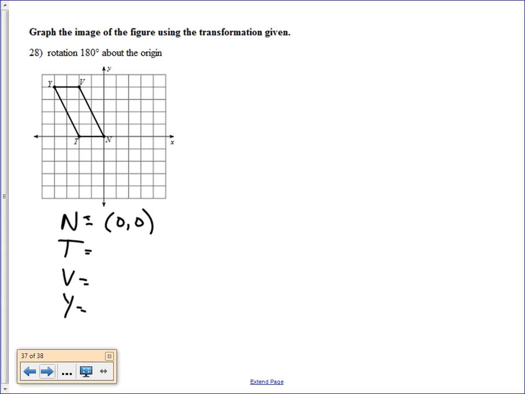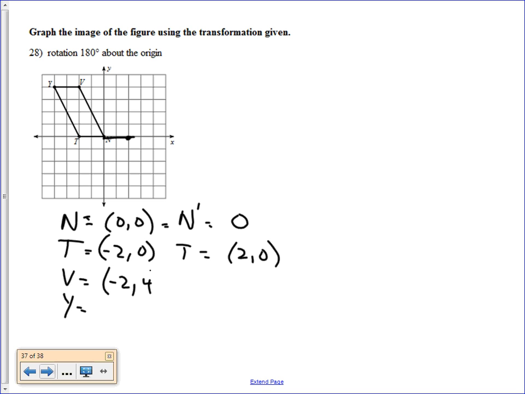Now, 180 degrees, does it matter? Does it matter when it says 180 degrees? Because it's going to be the opposite of what it is regardless. So N prime isn't going to move. T prime becomes +2, 0. So +2, 0 will be over here. V is 1, 2, 1, 2, 3, 4, so -2, +4.